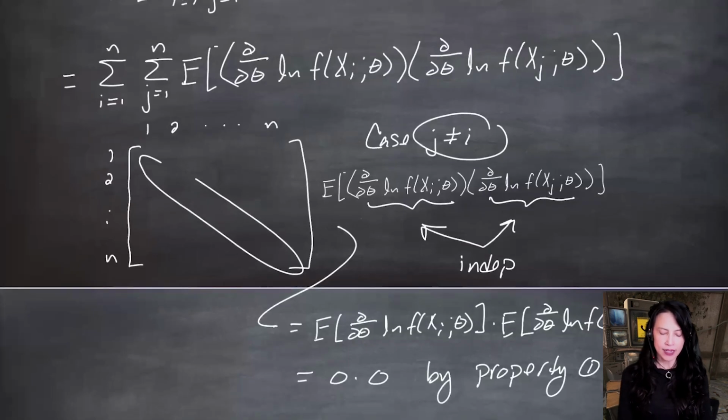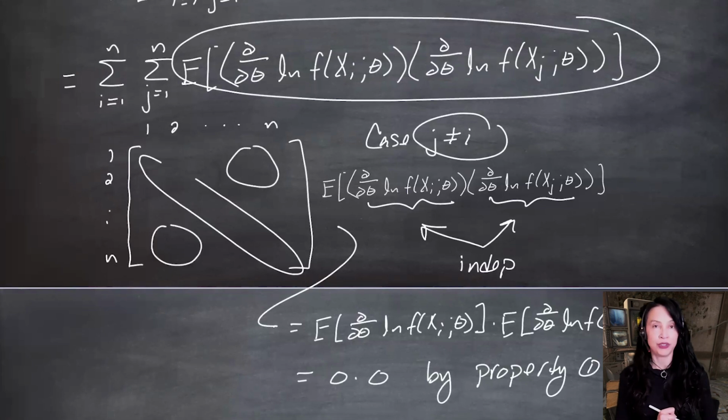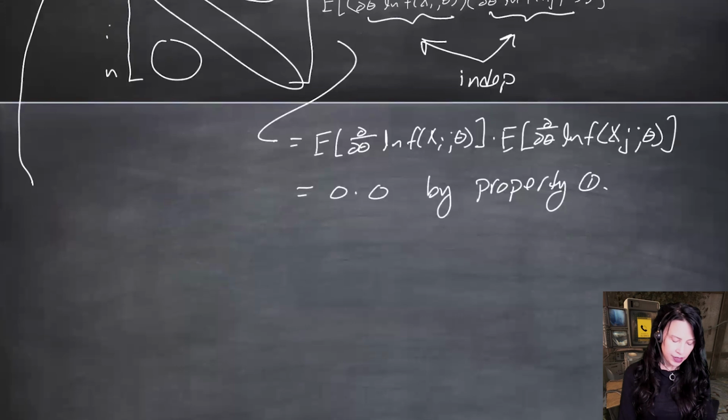So this is saying that if you imagine this as the ijth entry of the matrix, everything off the diagonal is going to evaluate to 0. And then on the diagonal, let me bring this down here.